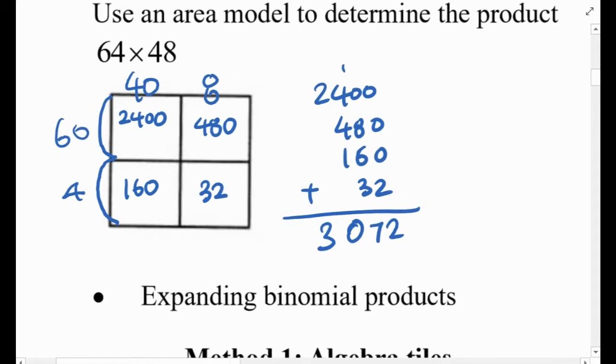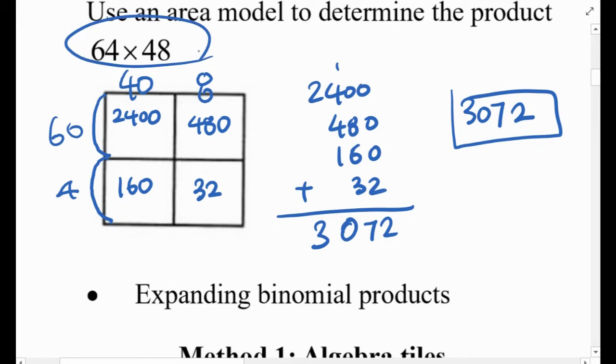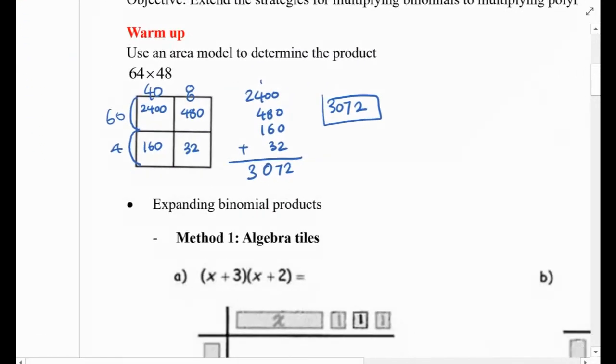Okay, when you add them up, it becomes 3,072. So the answer is 3,072. So you can find the product of 64 and 48 using an area model. So we're going to use the same method when we multiply binomials.